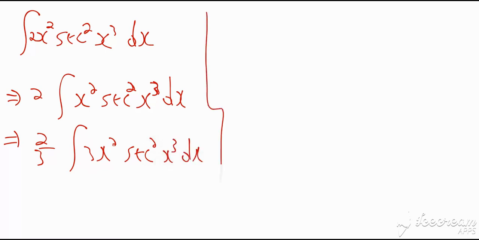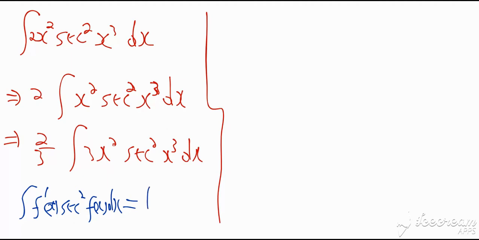Now before we get into it, let us create a general rule for this one here. What we're saying is that the integral of f prime of x sec squared f of x dx. Of course, you know that when we integrate sec squared, so we're only paying attention to the sec squared, we get tan. So all this becomes is tan f of x plus c.